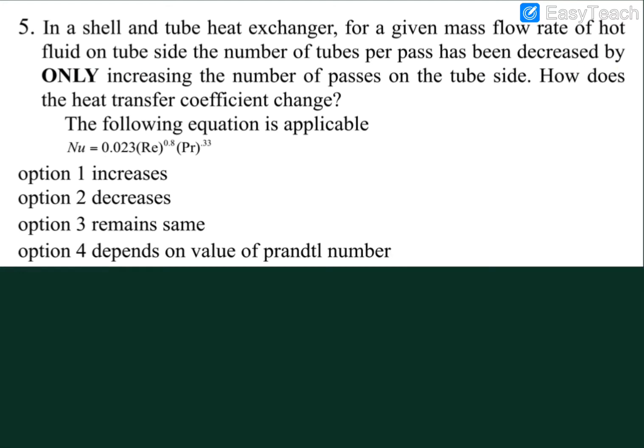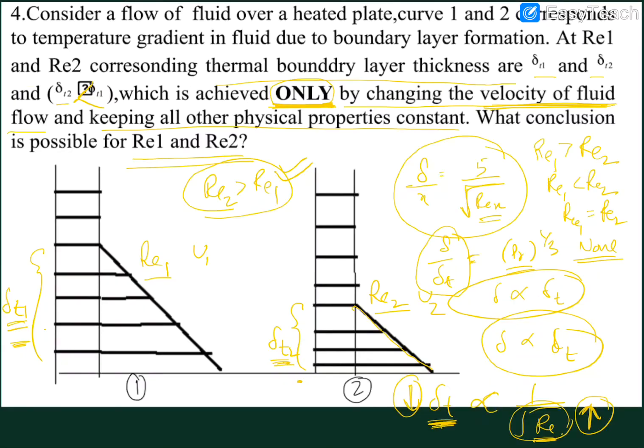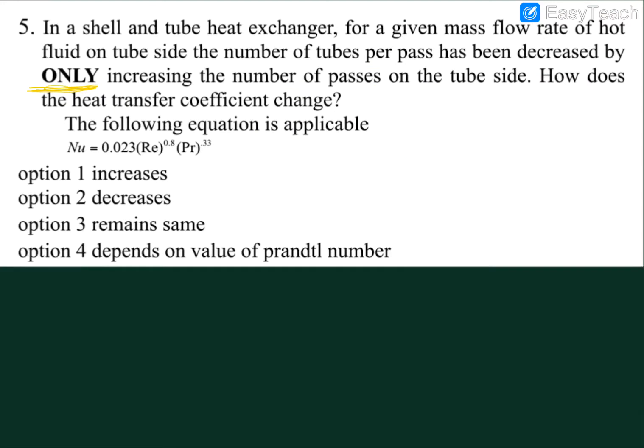Here also, friends, you see only this term is in block letters, and you will find this type of specification in the GATE examination. Just like in the previous question, here also it is mentioned in block letters. You have to focus on why it is given: all other parameters are constant, only the number of passes on the tube side is increased.